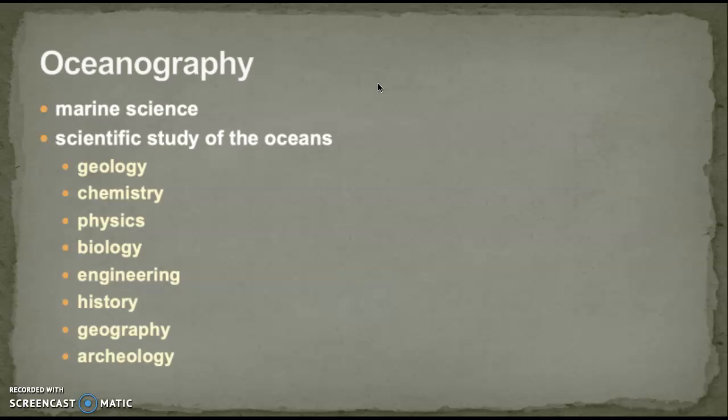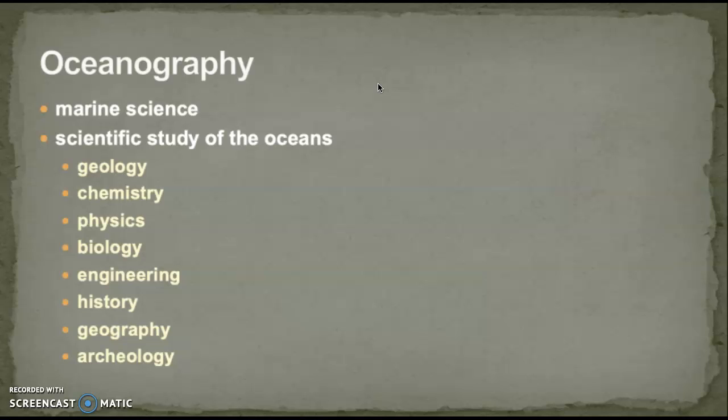Geology is the study of the earth. I am a geologist, so this is kind of my area of expertise, but you'll find many of the chapters deal with the physical earth. So we'll be talking about plate tectonics and the formation of ocean basins. We'll be talking about processes that act along the coast. Those are all from the science of geology.